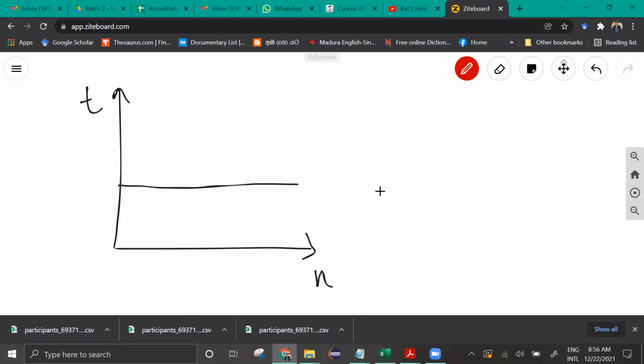So basically, with the size of the input, the execution time is always a constant. This is called constant time complexity.